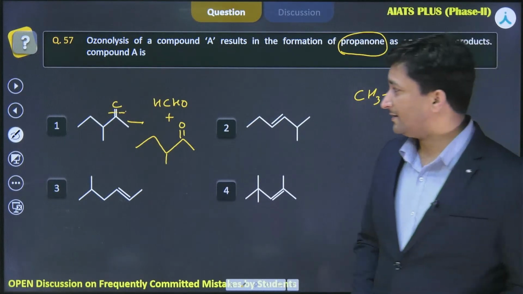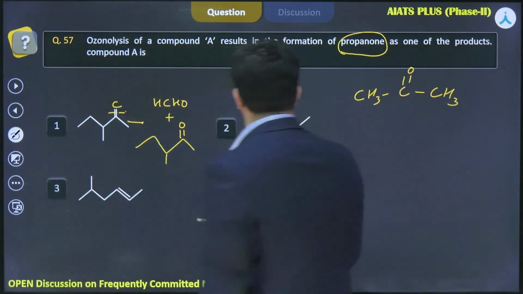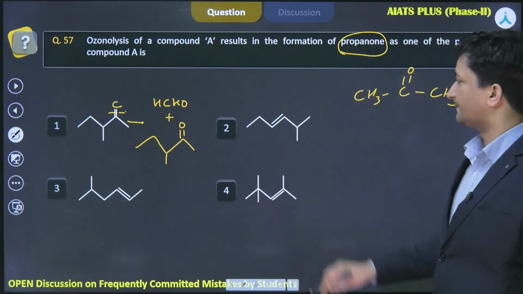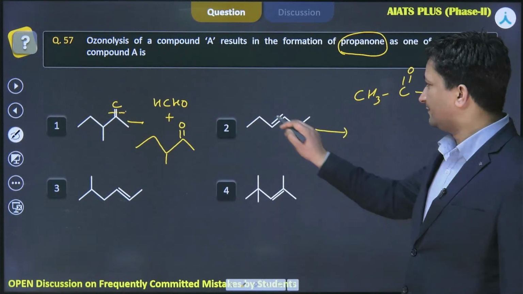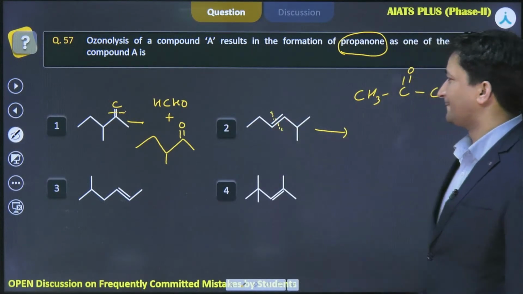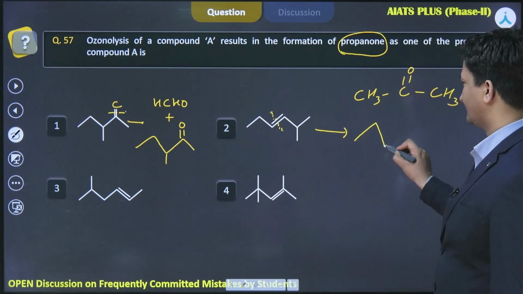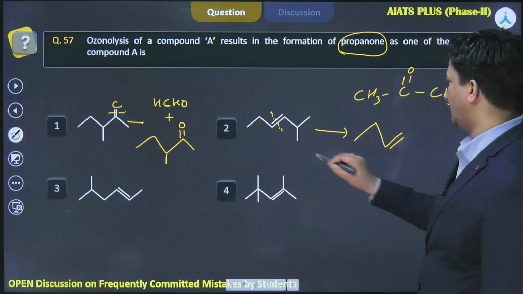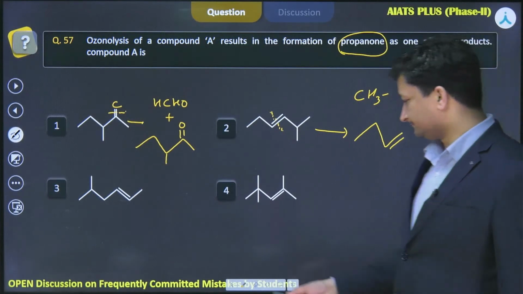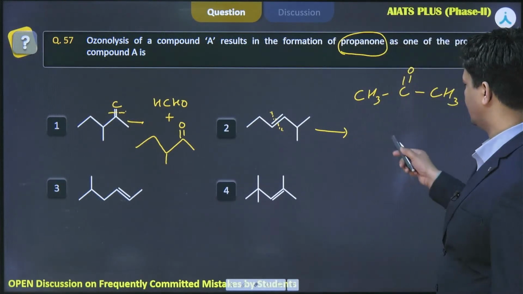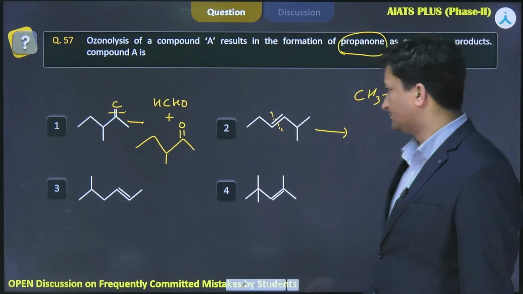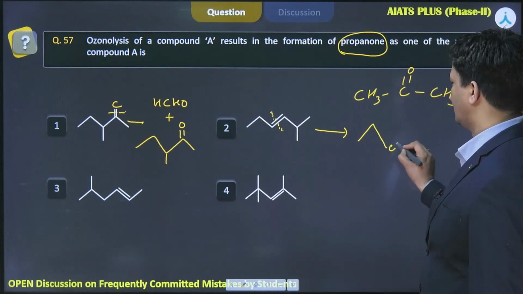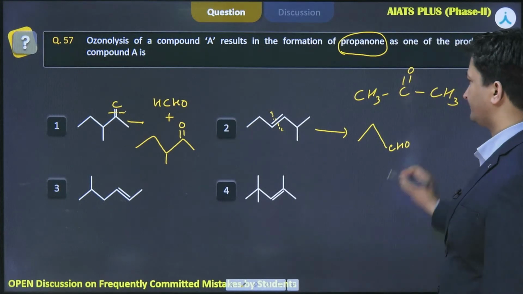Now let's have a look at which one will be the correct one. Is it propanone? None of them is propanone, so we have to find propanone here. If this product undergoes ozonolysis, here we have carbon, so it will again form CHO.